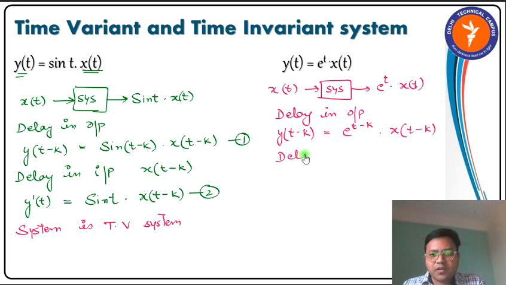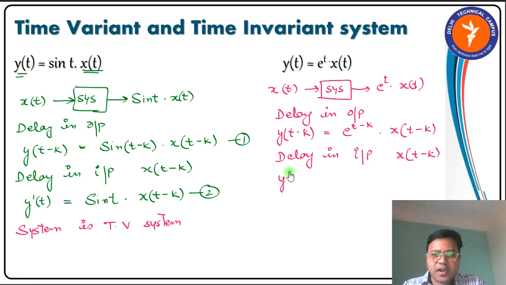Now let us calculate delay in input. So instead of feeding x(t), I will feed x of t minus k here. Now if I feed x of t minus k here, the system will not change this input signal, it will just multiply it with e raised to power t.